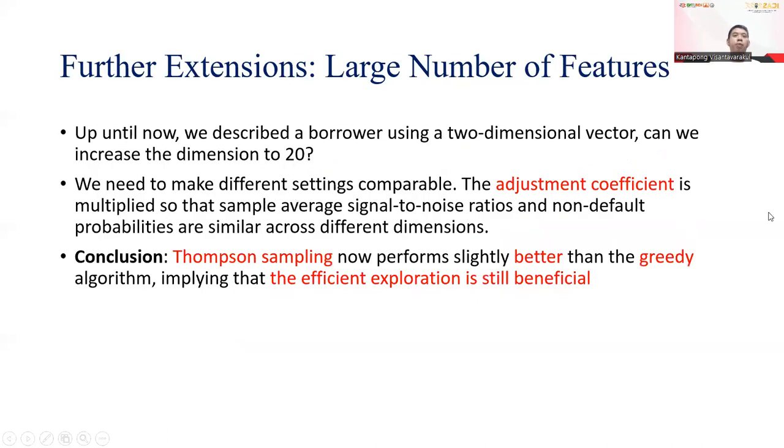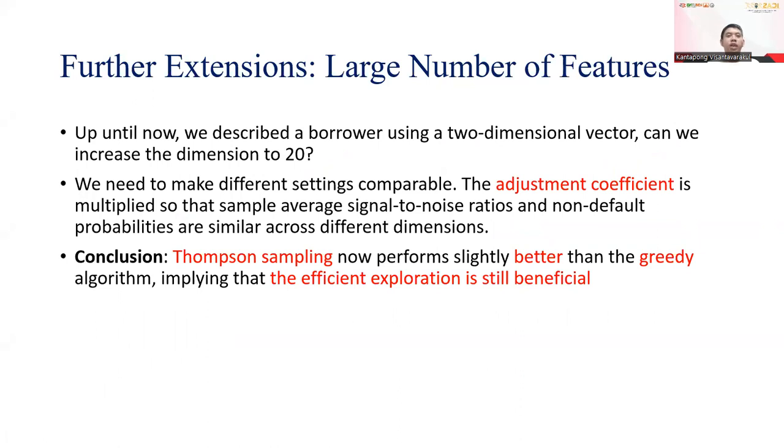With this in mind, we ask the question: because before we used the two-dimensional setting, how about if we increase the dimension to 20? What will happen? So this is the technical detail again, okay? We need to make different things comparable, so we multiply by an adjustment coefficient.